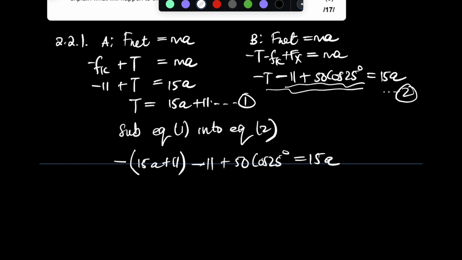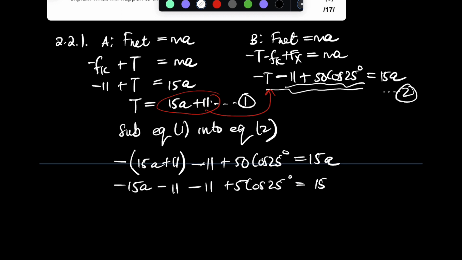So I'm substituting this here in this T, right? So this is going to be negative 15a minus 11a minus 11 plus 50 cos 25 degrees is equal to 15a.